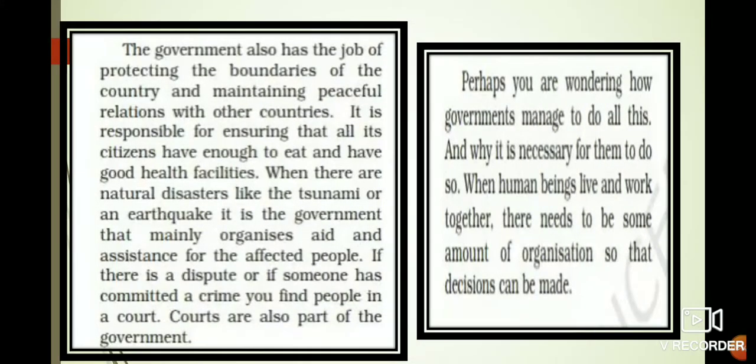Okay, the government also has the job of protecting the boundaries. Not only these works, but it also has the job of protecting boundaries. Now what are the boundaries? Okay, I'll tell you in detail. Protecting the boundary of the country and maintaining peaceful relationships with the other countries. Now, dear children, tell me, who are our neighboring countries?